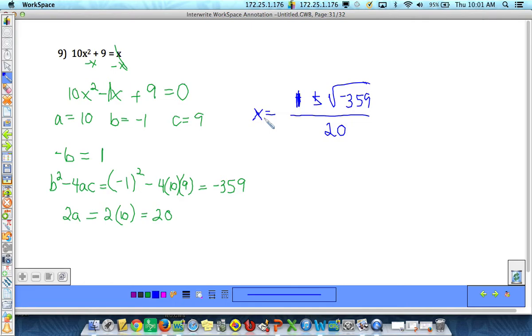You can try to divide that and see if 359 breaks down, but I went through and tried to divide. 3 doesn't go in evenly. 5 doesn't go in, 7 doesn't go in, 9 doesn't go in. I kept trying more and more numbers, but I couldn't break it down. So we're going to leave this as negative 1 times the square root of 359.